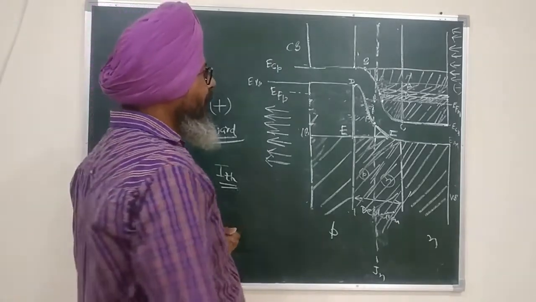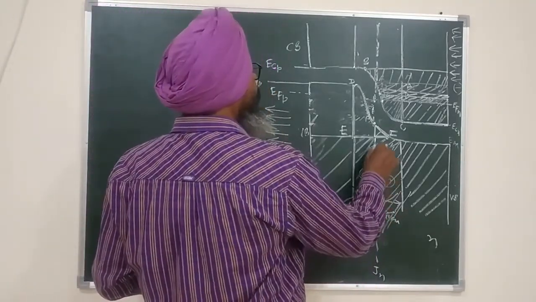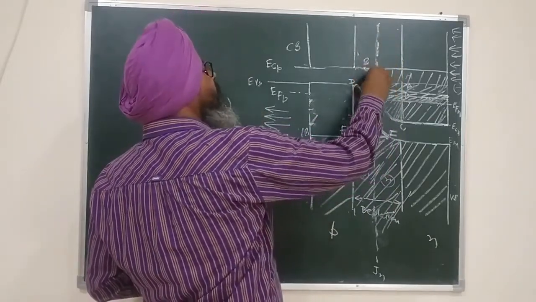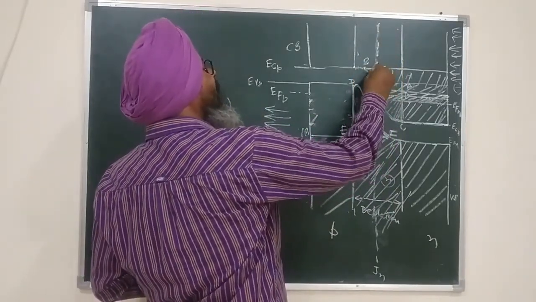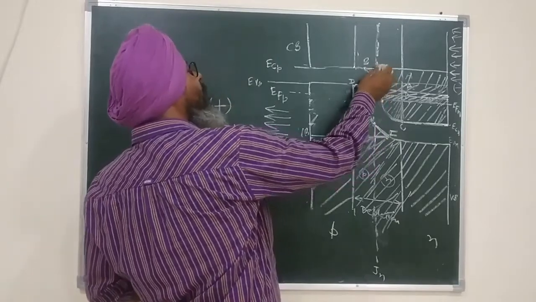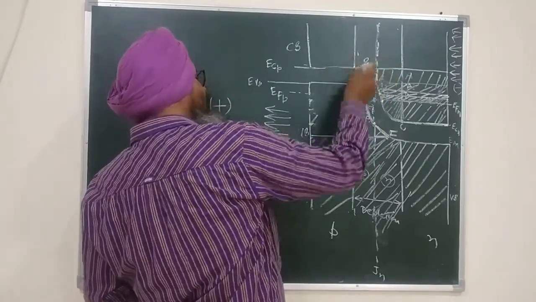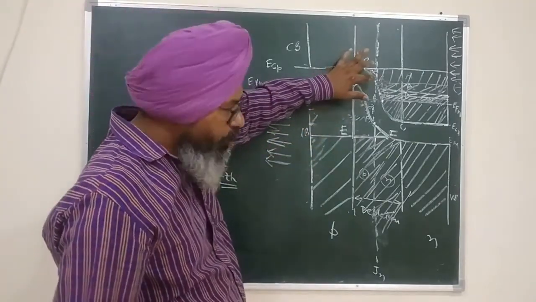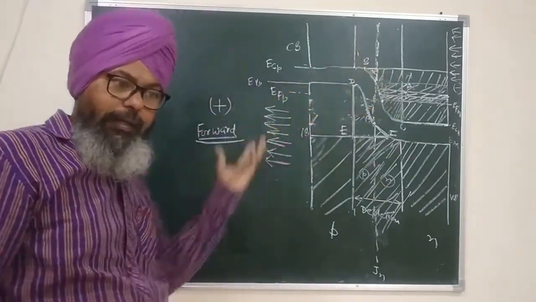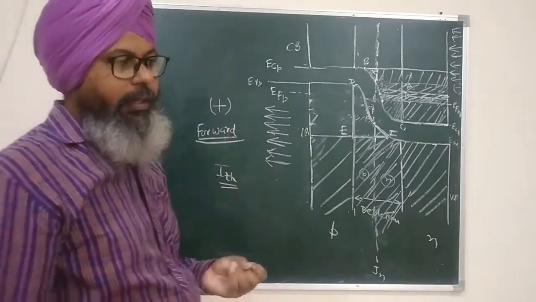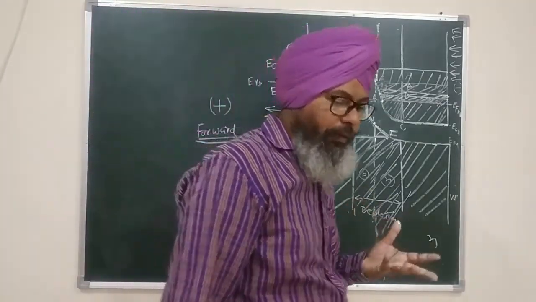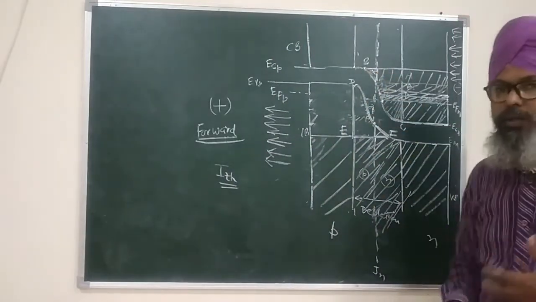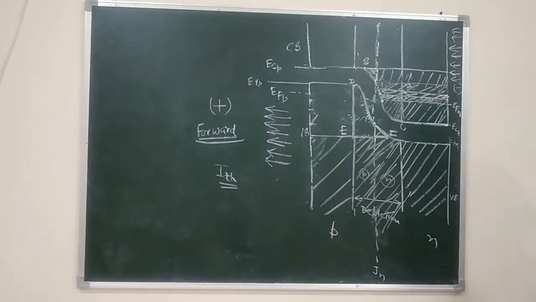Is it okay? Similarly, if I draw this surface upward, you can see this region of ABC, which is filled with electrons, is actually to the left of the junction, and to the left of the junction the material is the P side. So this is part of the donor band which is now available in the P side, and P-type material is known for possessing only acceptor bands. Now a part of it possesses the donor band also.